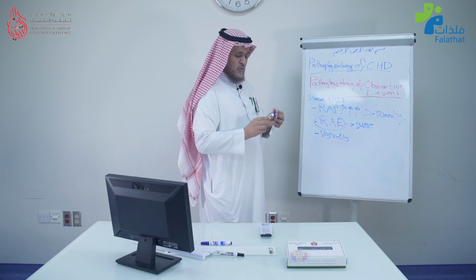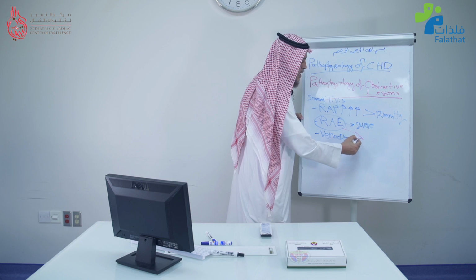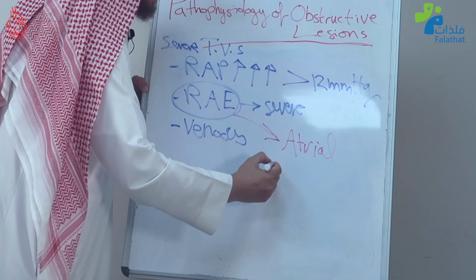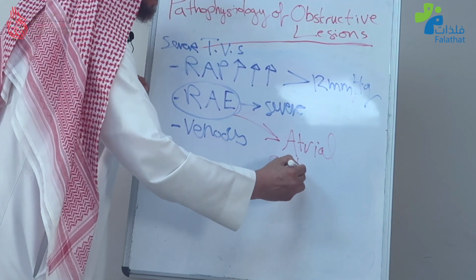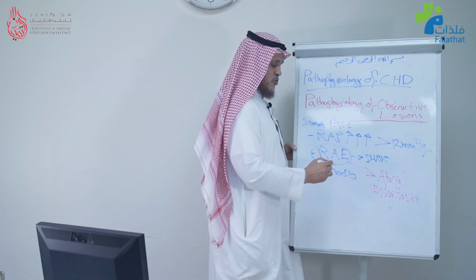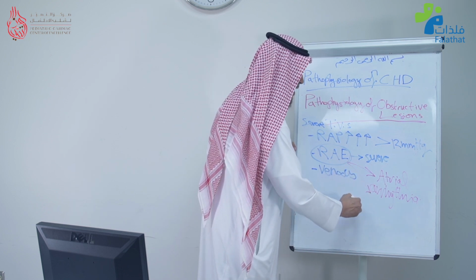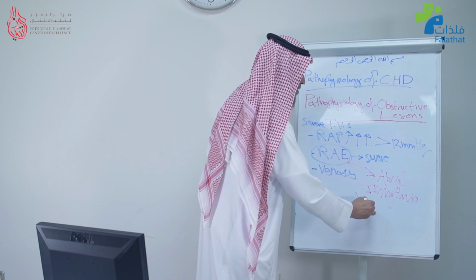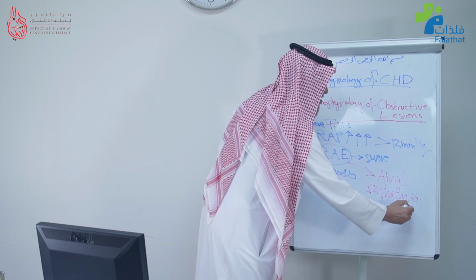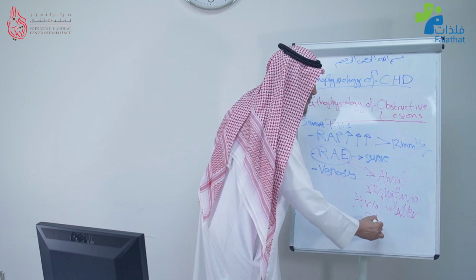And one very important effect that is seen quite commonly because of right atrial enlargement, what would we see? We start seeing atrial arrhythmias. Most common that we see in such patients would be atrial flutter. And this can go to atrial fibrillation.